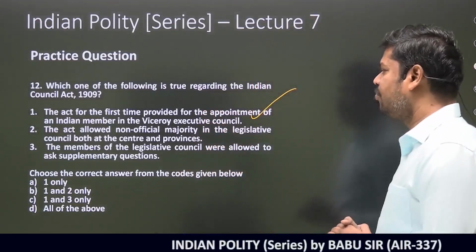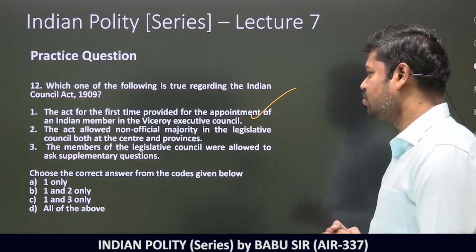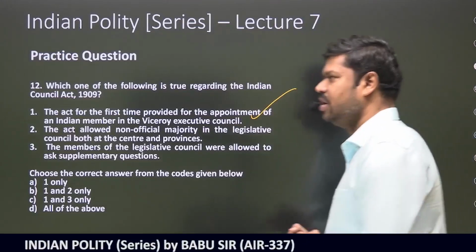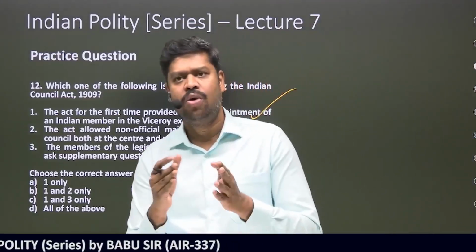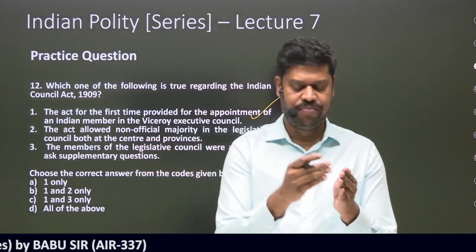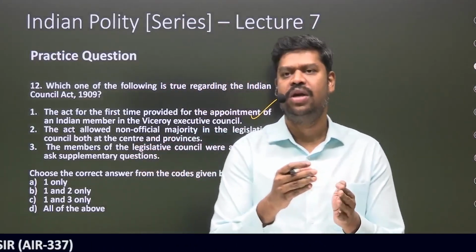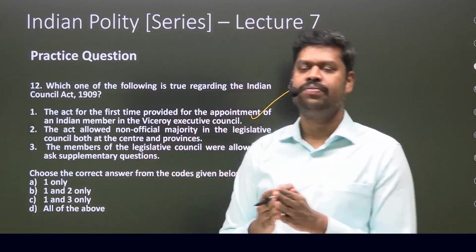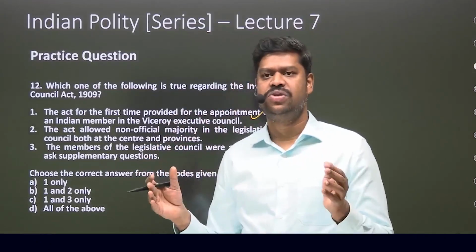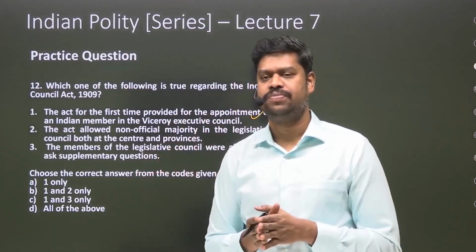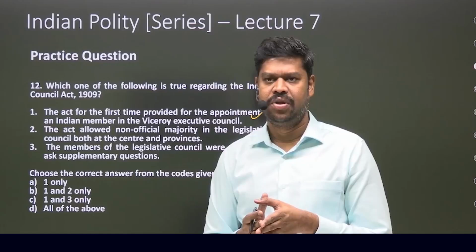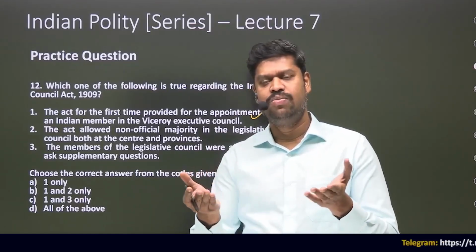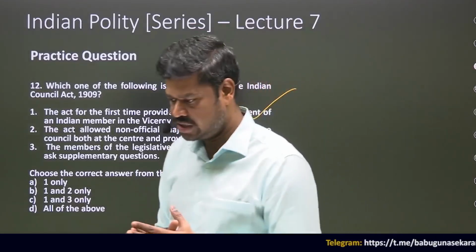Statement 2. The Act allowed for the non-official majority in the legislative councils of both central as well as the provincial legislature. Now, in all the council acts, right from the Council Act of 1861, the Council Act of 1892, and then the Council Act of 1909, there was an expansion of the legislative council especially, and they also allowed more Indian representation in these councils.